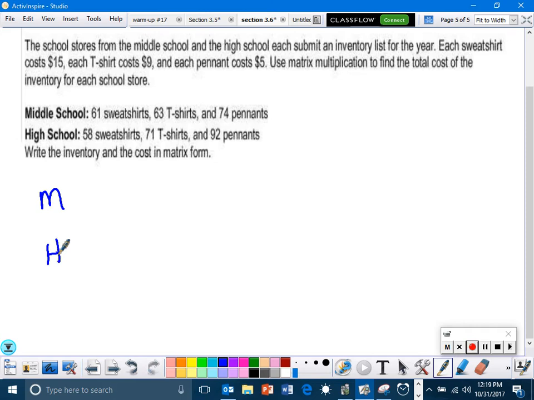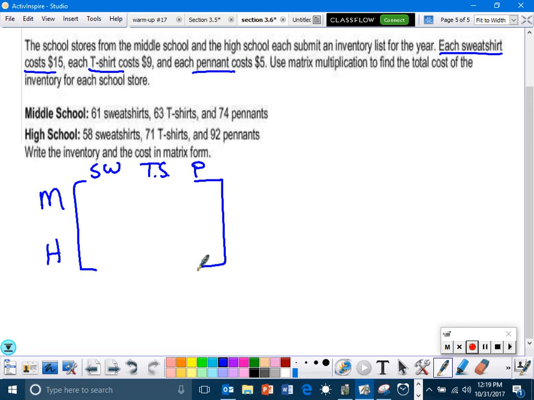And now we're dealing with sweatshirts. I'm going to use SW for sweatshirts, TS for t-shirts, and P for pennants. So it looks like our matrix is going to be a 2 by 3.